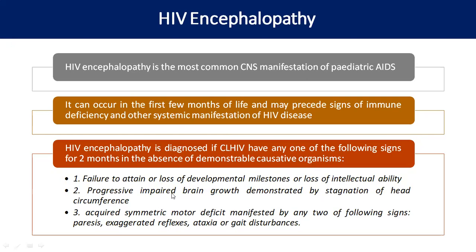Failure to attain or loss of developmental milestones or loss of intellectual ability, progressive impaired brain growth demonstrated by stagnation of head circumference, acquired symmetric motor deficit manifested by any two of the following signs, that is paraparesis, paresis, exaggerated reflexes, ataxia, or gait disturbances. So with any one of them lasting for 2 months, where we have ruled out any infective cause, one should label them as having HIV encephalopathy.